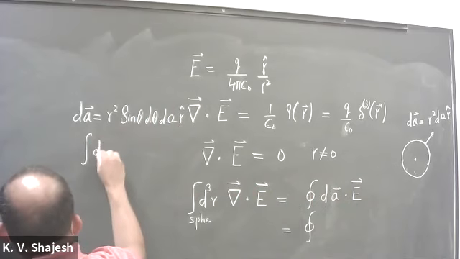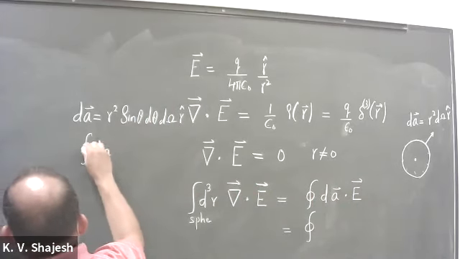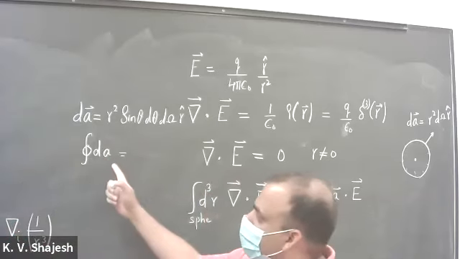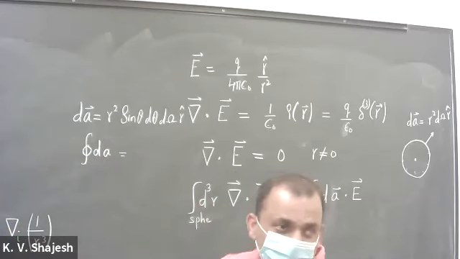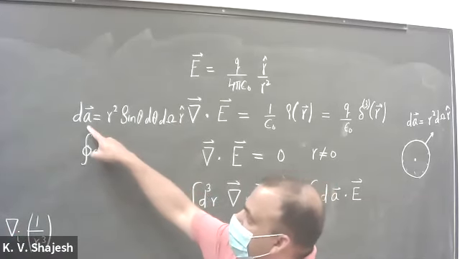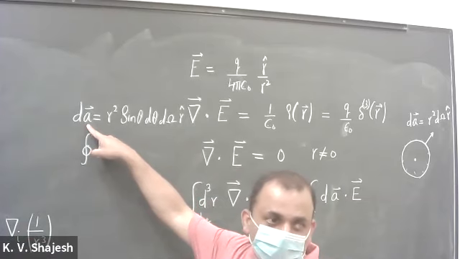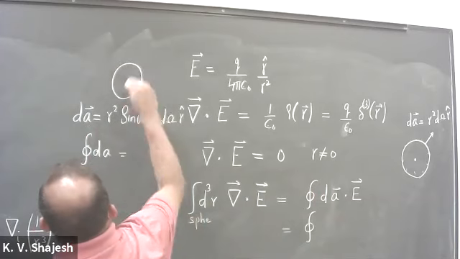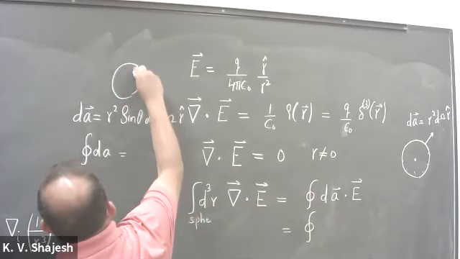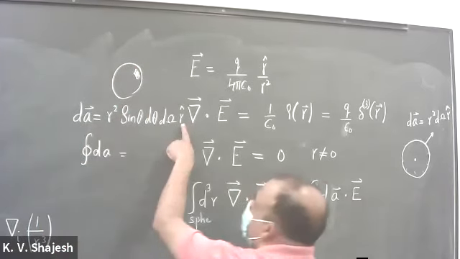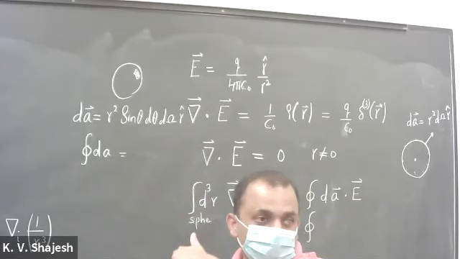If I were to integrate this, first let me say, what do I get for dA, which is not a vector? What do I get if I integrate over this without the r hat? This is the area element on the surface of a sphere, a tiny surface, and that's your dA with a direction associated with it.